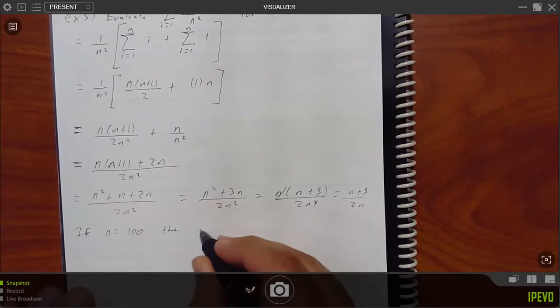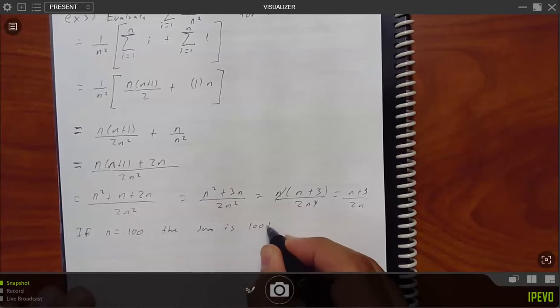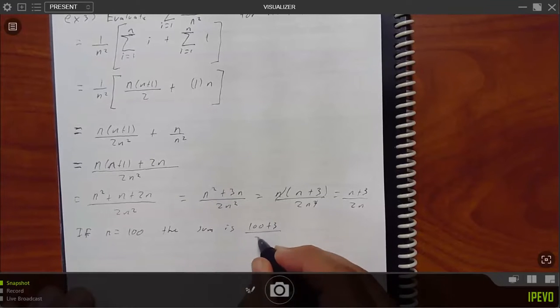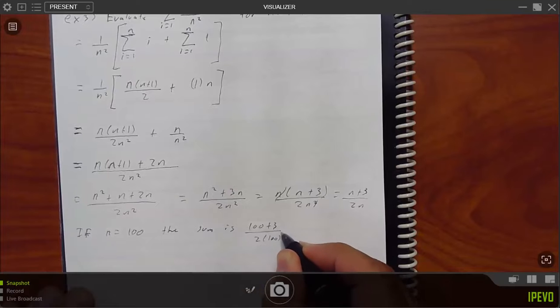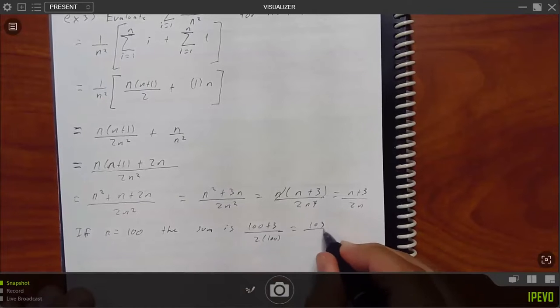So if n is equal to 100, the sum would equal 100 plus 3 over 2 times 100, which is 103 over 200. This is reduced.